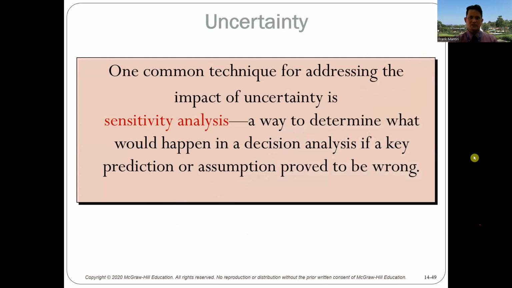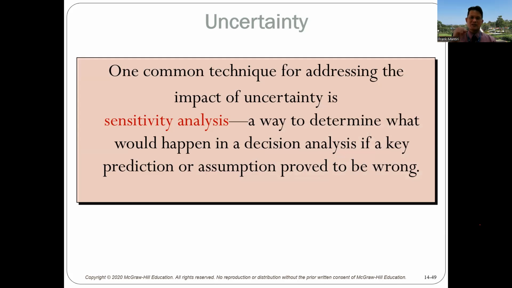Now, talking about uncertainty, one common technique for addressing the impact of uncertainty in production is sensitivity analysis, a way to determine what would happen in a decision analysis if a key prediction or assumption proved to be wrong. So you need to look at the sensitivity, same as in research.